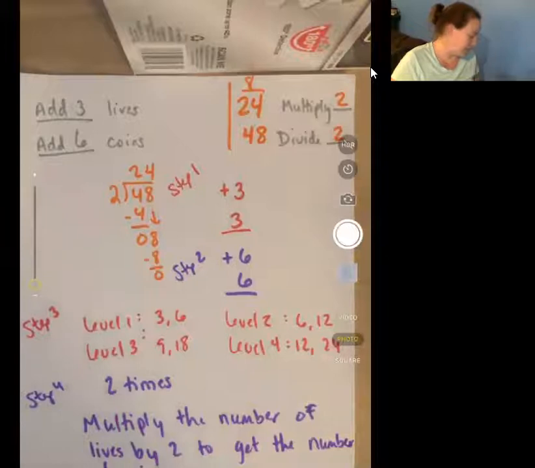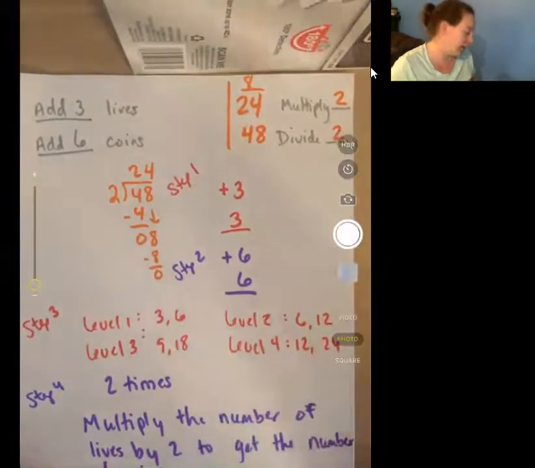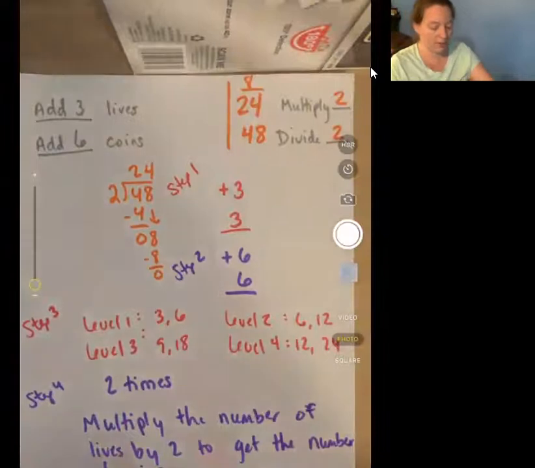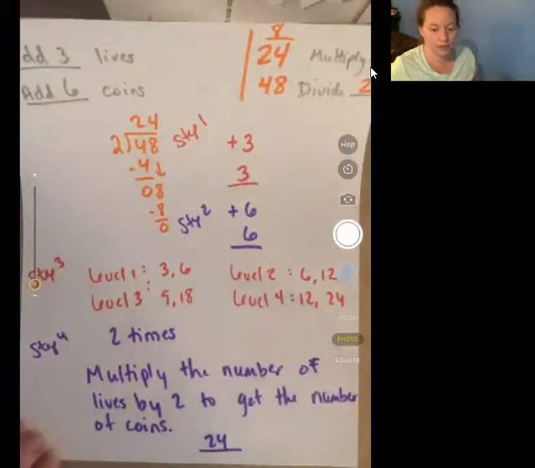So after 7 levels, Alice will have won, and then what we already figured out up here, 24 extra lives. All right. Pause if you need to.